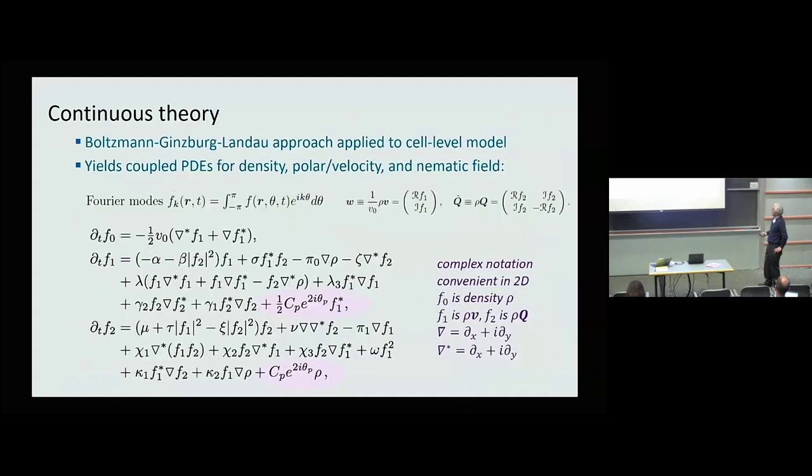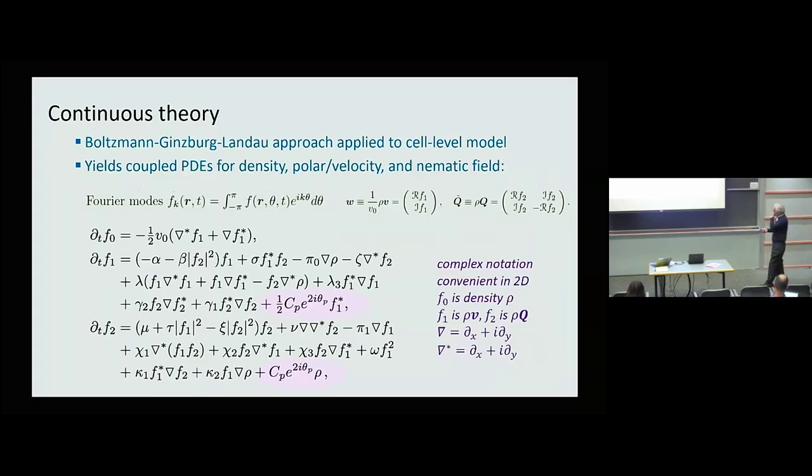In the continuous theory, they often use Fourier modes for the one-particle distribution function, f. In the first Fourier modes, f0 is the density, f1 is rho times V, the velocity, and f2 is rho times Q, and we have this external force.